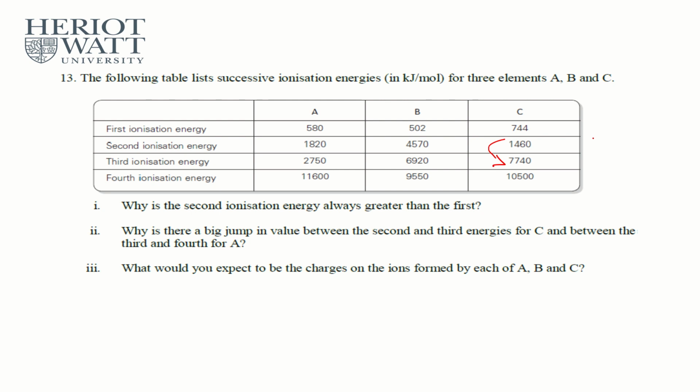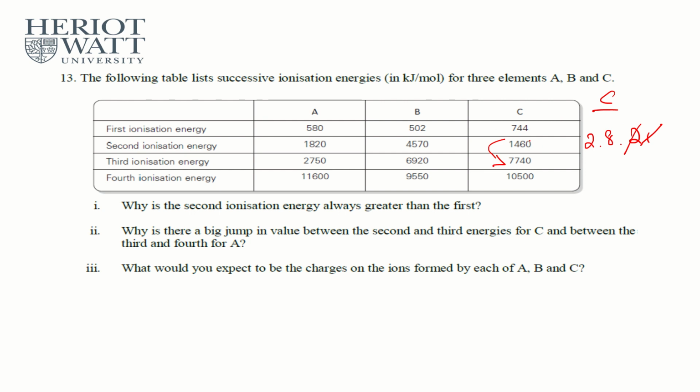Let's say I have a configuration of 2, 8, 2. Let's say this is for C as an example. When I remove the first electron from the valence shell, I have 2, 8, 1. And then when I remove the second electron from a positive ion, it will steadily increase from 700 to 1,400, double.